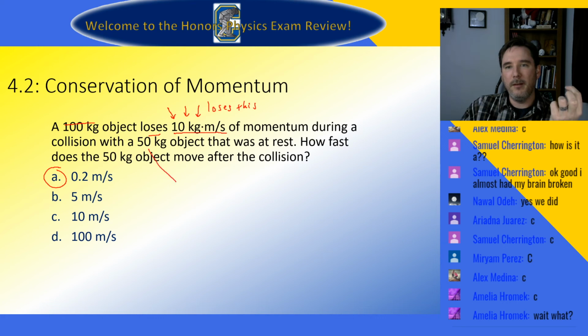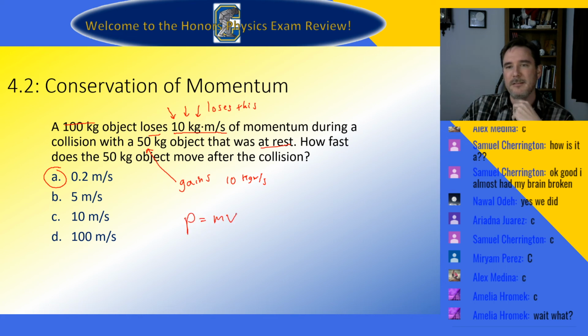Well, then it gains 10 kilogram meters per second. It can't be lost. So the 50 kilogram object has to gain it. And it was at rest. So now it gained 10 kilogram meters per second of momentum.